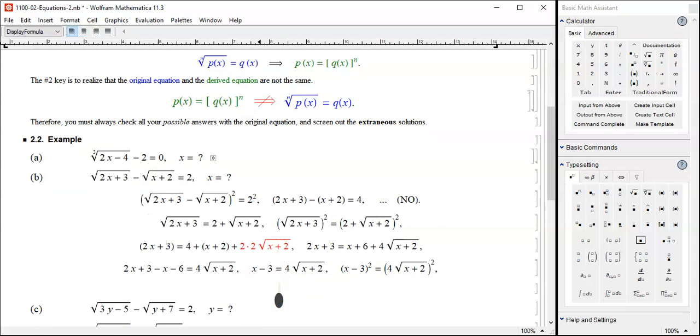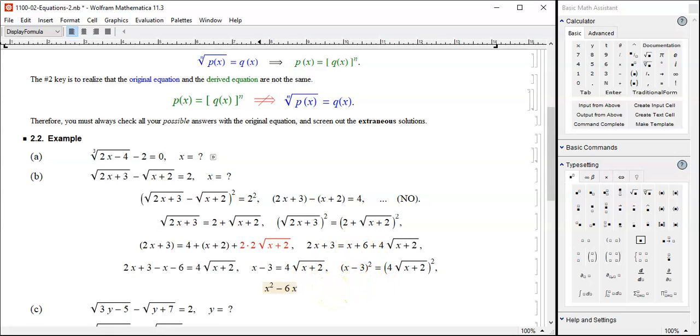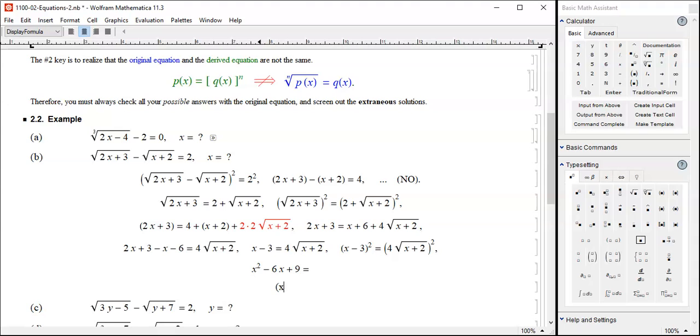Let's do it. This square, x squared minus 6x plus 9. I use complete square formula instead of foiling it. I could do x minus 3, x minus 3 and foil it up. But instead, I decided to do it this way.